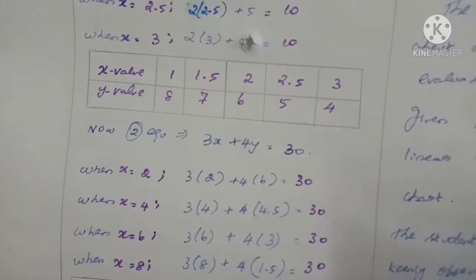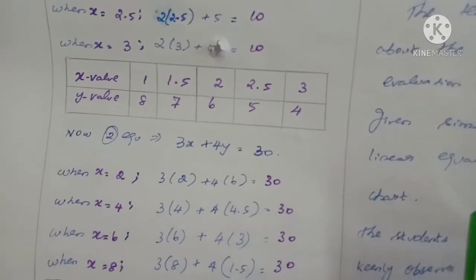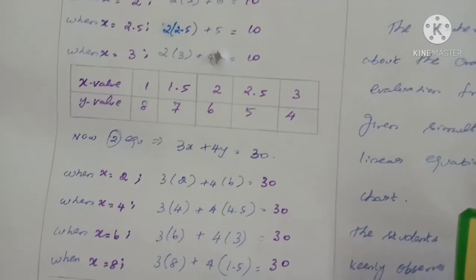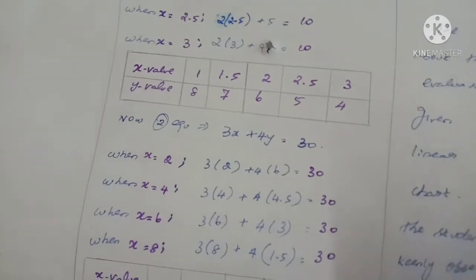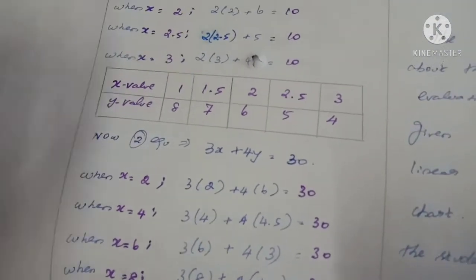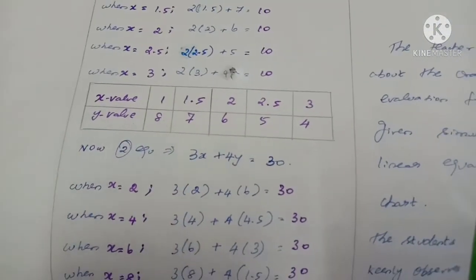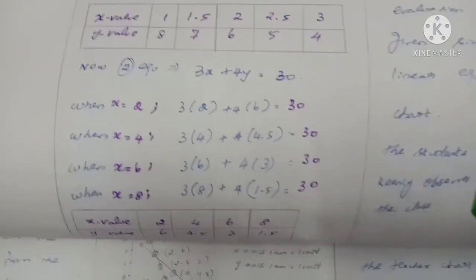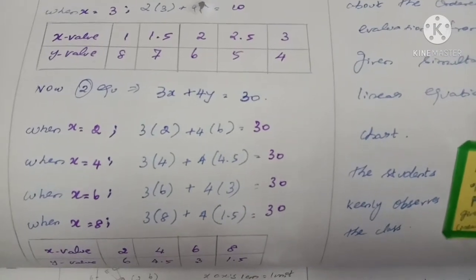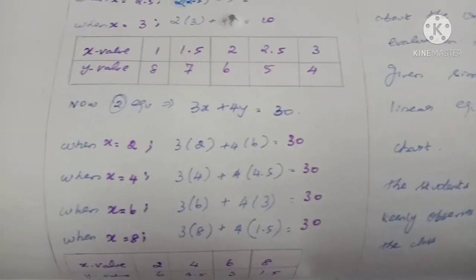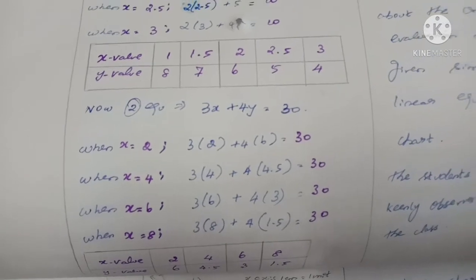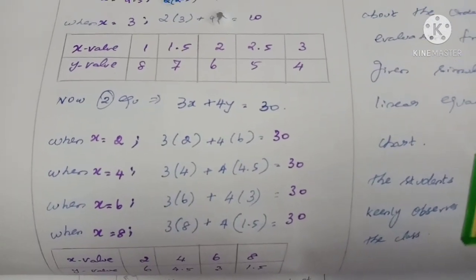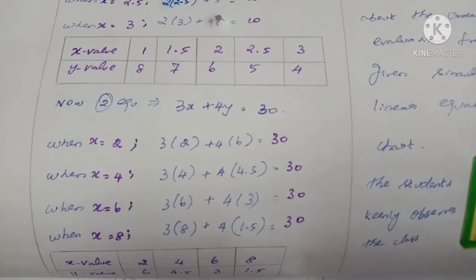Now the second equation, 3x plus 4y equal to 30. Then we have to give the x values. When x equal to 2, 3 times 2 plus 4 times 6 equal to 30. When x equal to 4, 3 times 4 plus 4 times 4.5 equal to 30.